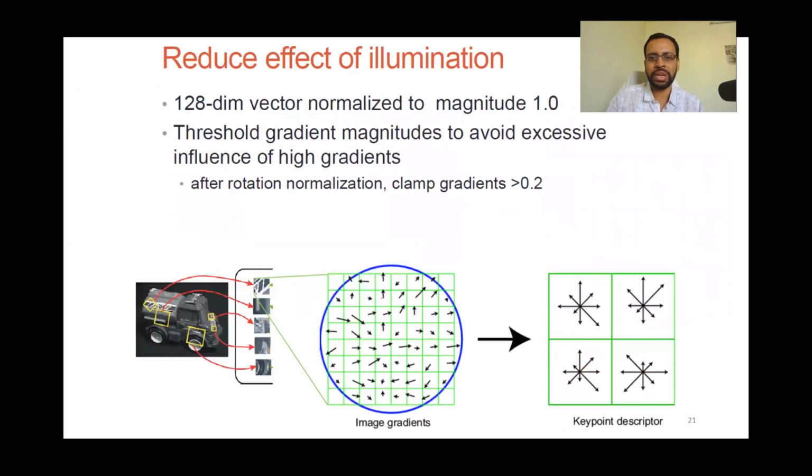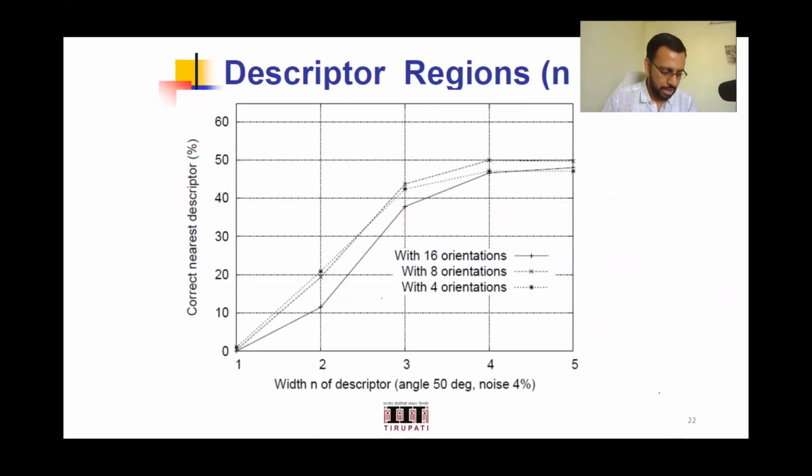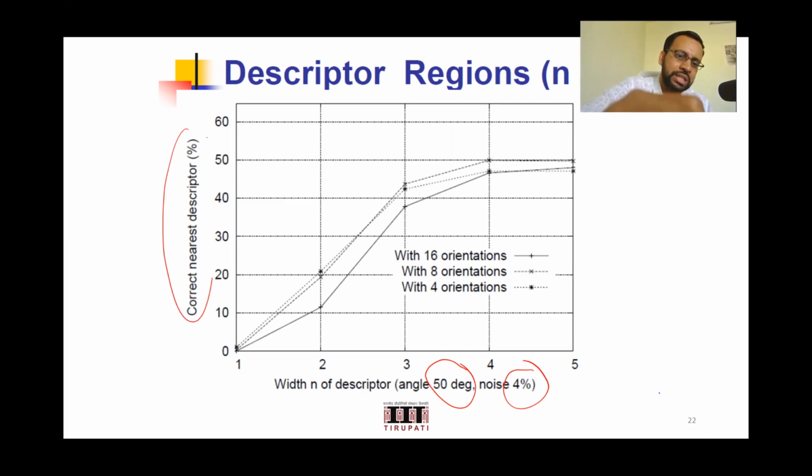I don't want to get into those details, but let me talk about this, where let's say he has rotated one image by 50 degrees and added noise of 4%. Again, it is very comprehensive, you should look at this paper once. And then he is looking at the correct nearest descriptor.